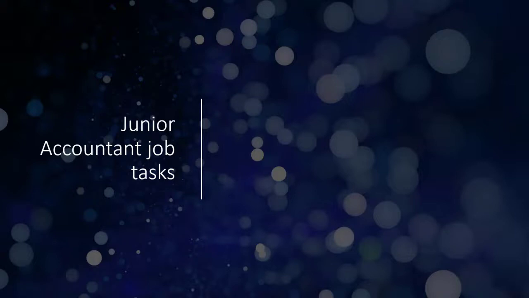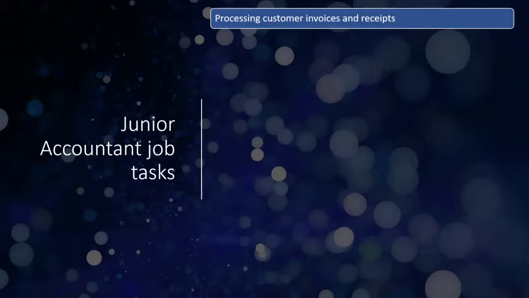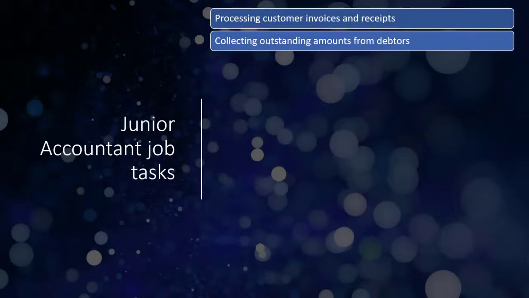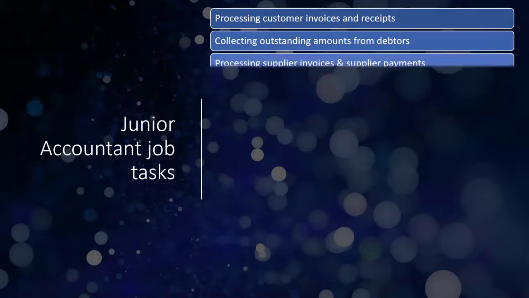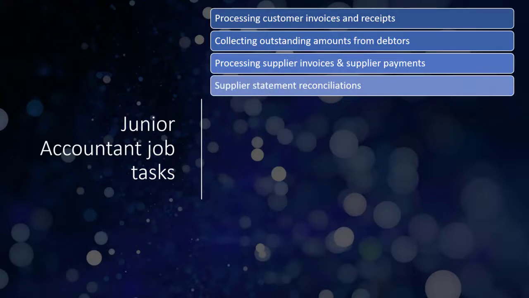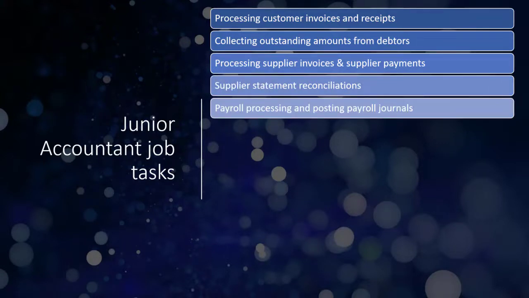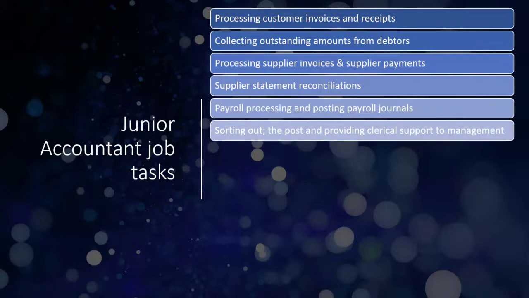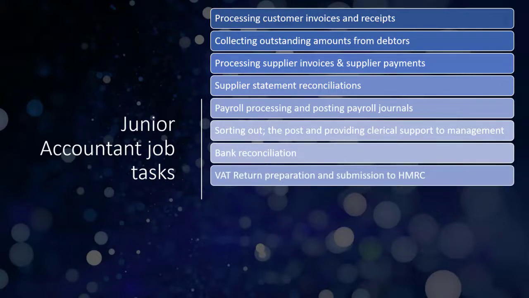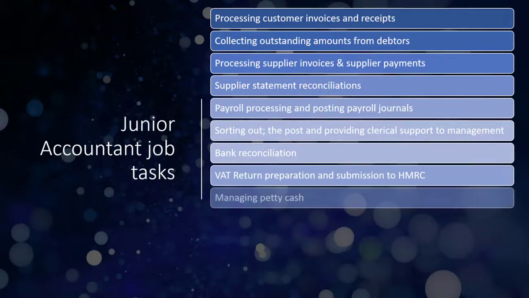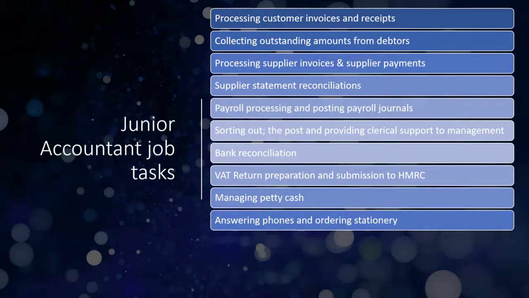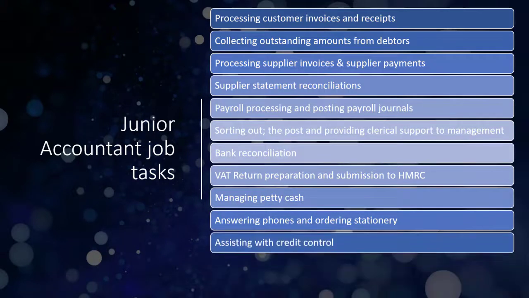In working as a junior accountant, you'll be involved in the following accounting tasks: processing customer invoices and receipts, collecting outstanding amounts from debtors, processing supplier invoices and supplier payments, supplier statement reconciliations, payroll processing and posting payroll journals, sorting out the post and providing clerical support to management, bank reconciliations, VAT return preparation and submission to HMRC, managing petty cash, answering phones and ordering stationery. All of these things are done when you work as a junior accountant.